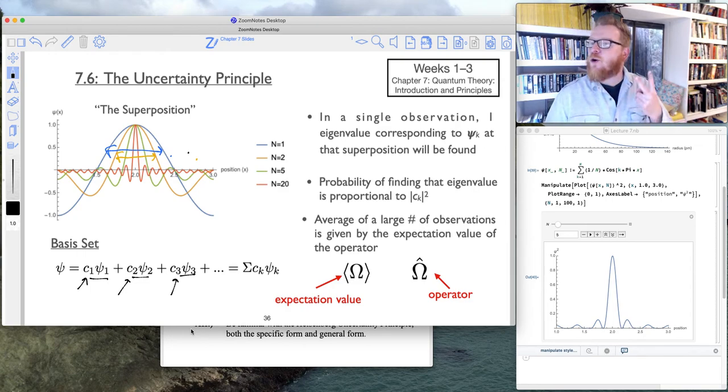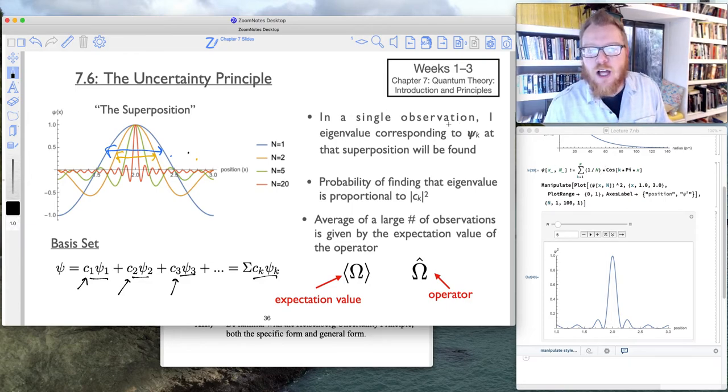So in other words, if there was only two of these, it would be 50-50. With three of these, 33%, 33%, and 33%, and so on, okay? And overall, this creates my basis set, which is now the sum of all of these wave functions, which I've got right here, okay?